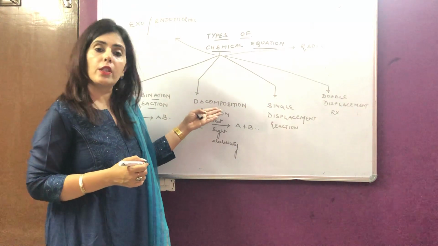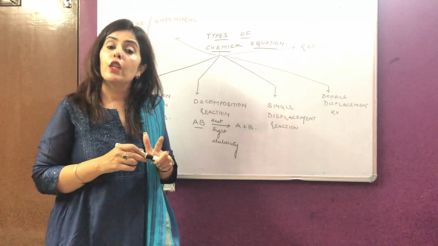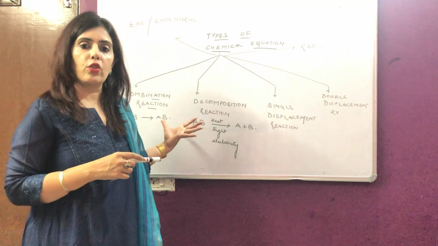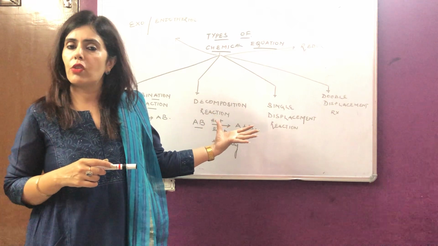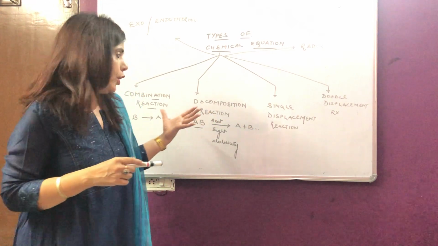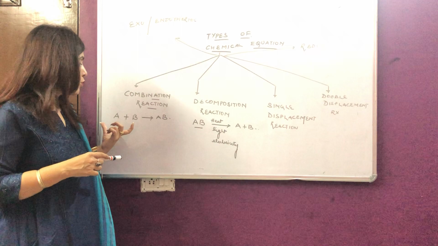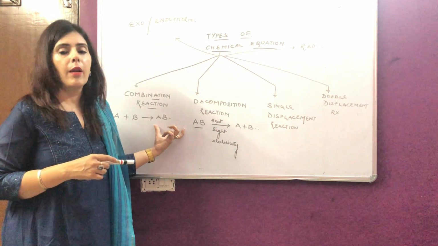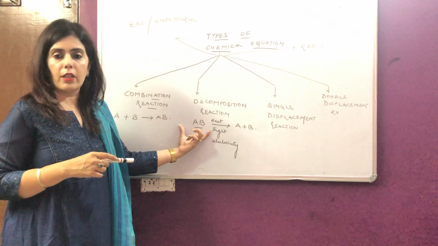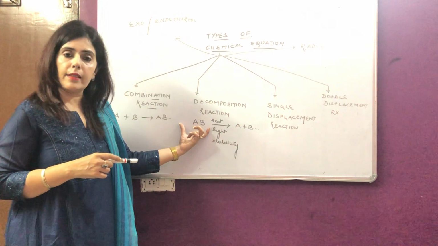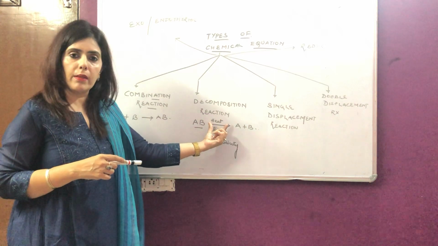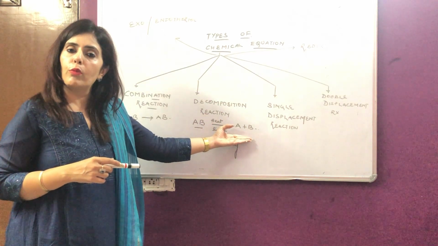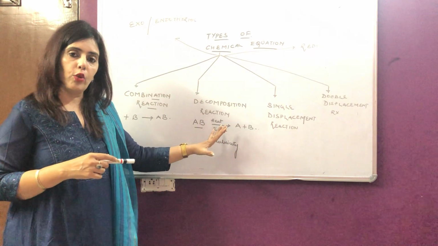So this is said to be what? Decomposition reaction. In other words, combination reactions are the opposite of decomposition reactions, because in combination reactions, two or more reactants combine to form a single product, whereas in decomposition reactions, a single reactant decomposes in the presence of heat, light and electricity to give two or more products. I hope it is clear.